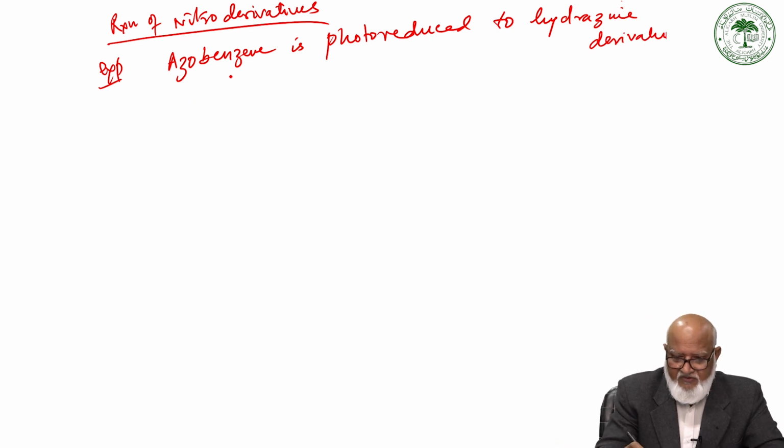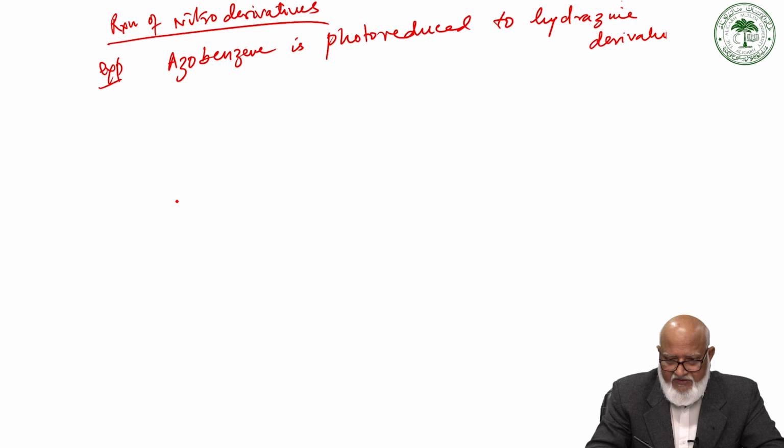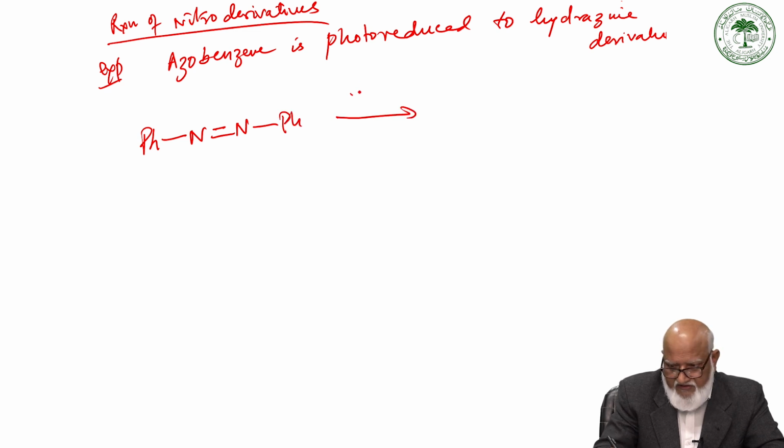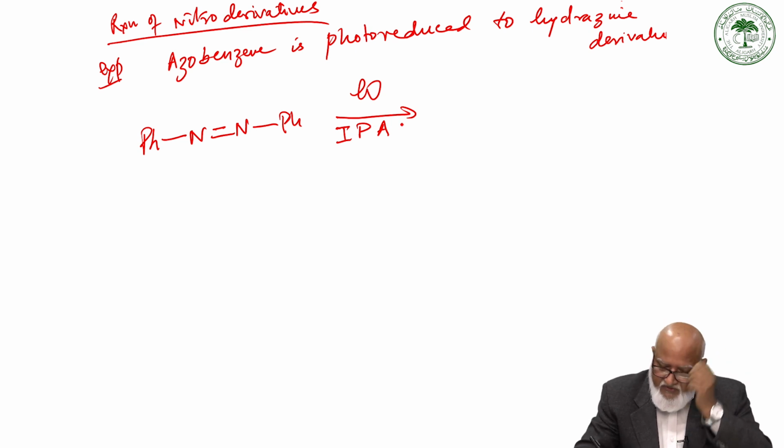So this is one of the examples in nitro containing compounds. So when we have azobenzene, Ph N double bond N Ph, h nu in the presence of isopropyl alcohol.